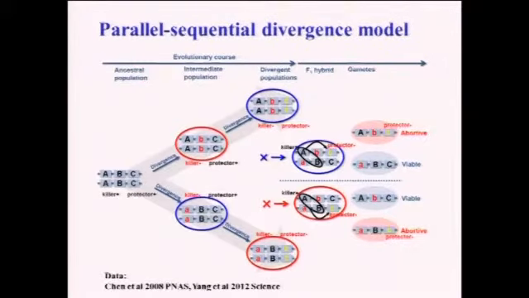Another model is the parallel sequential divergence model. Parallel divergence goes first, with three genes. One could go this way with B mutated, and in this lineage A mutated, and then when this one mutated, it allowed the other to mutate. When they come back together, they produce a killer protector, as I described.